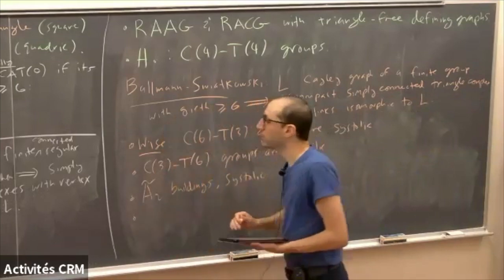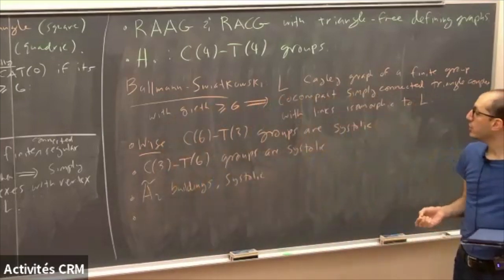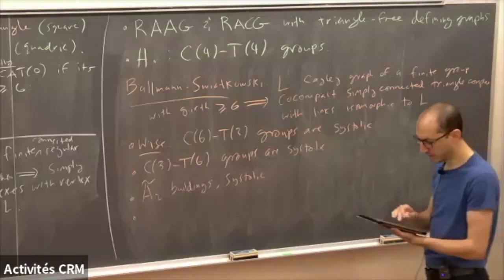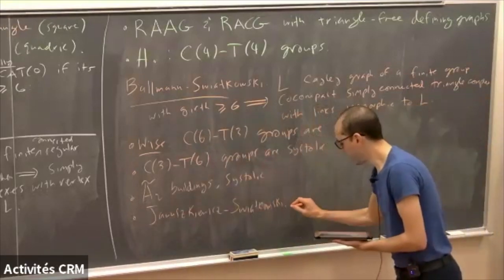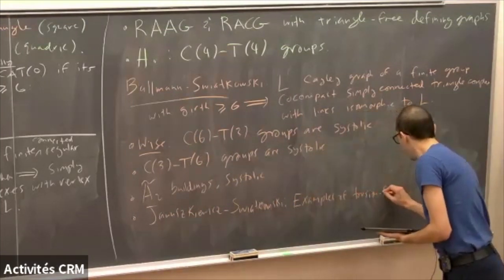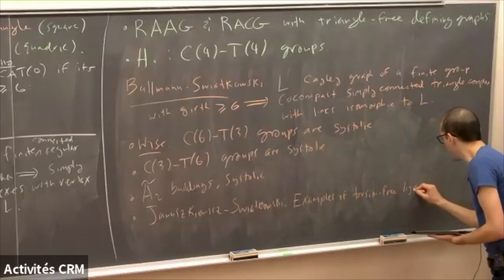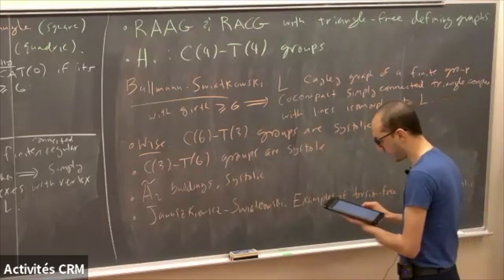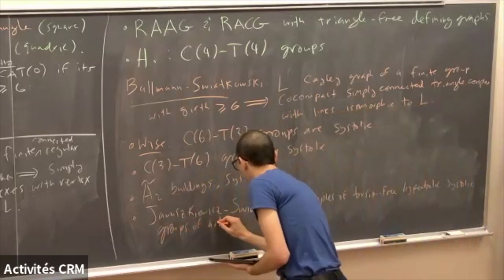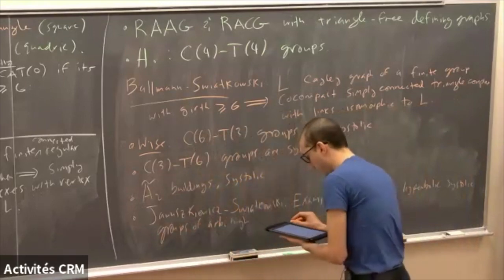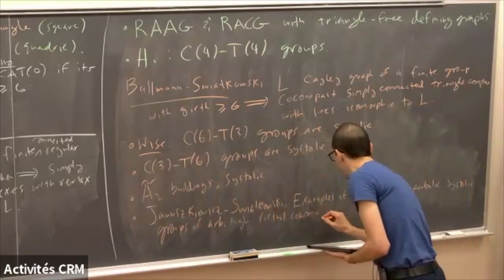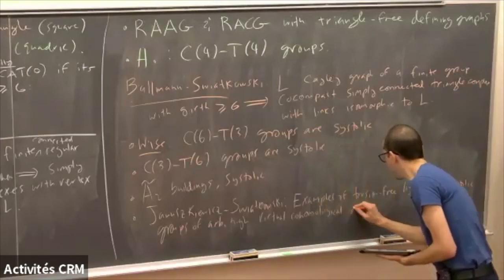And just so we know that we're getting really new things here with these quadric and systolic complexes, Januszkiewicz and Świątkowski produce examples of torsion-free hyperbolic systolic groups of arbitrarily high virtual cohomological dimension.